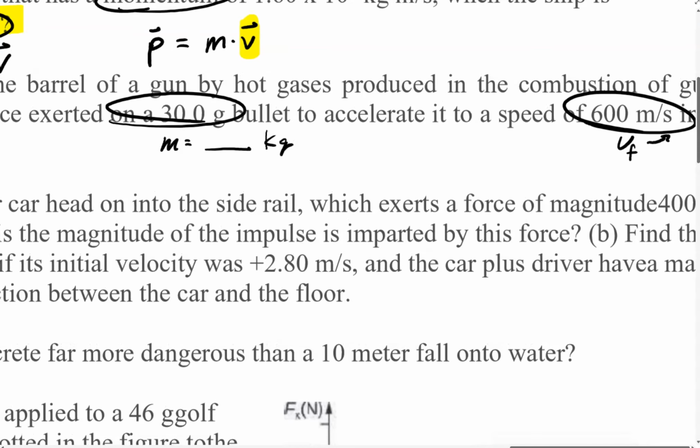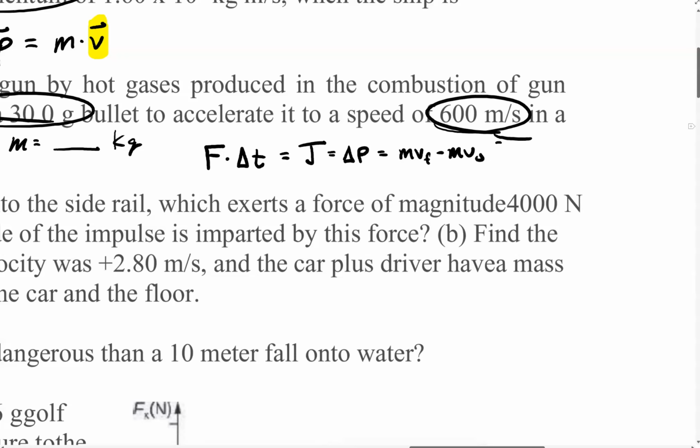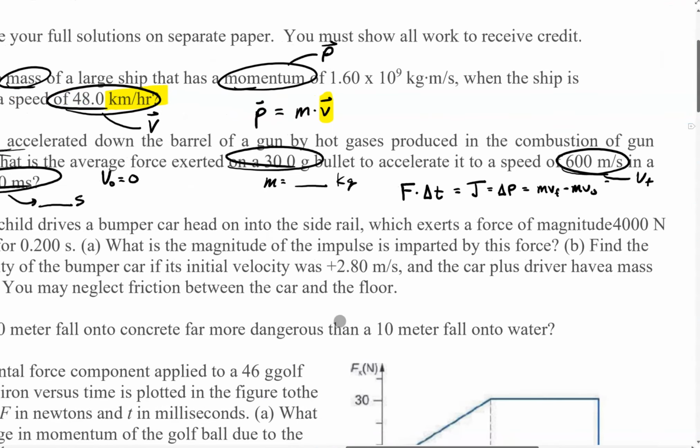And then the formula that I think would be important here is the notion that a force times a certain amount of time, or a change in time, is also equal to our impulse, or change in momentum, or mass times velocity final minus mass times velocity initial. And I think working with that description should be sufficient for solving this question. So I'll let you work at that one.